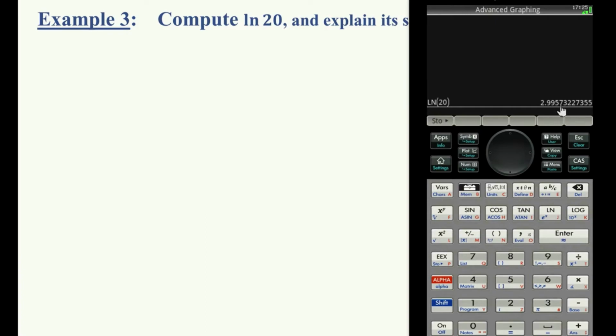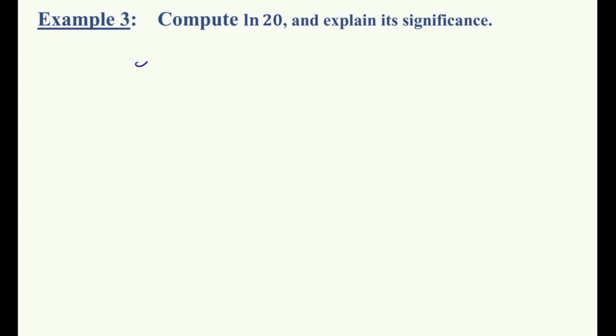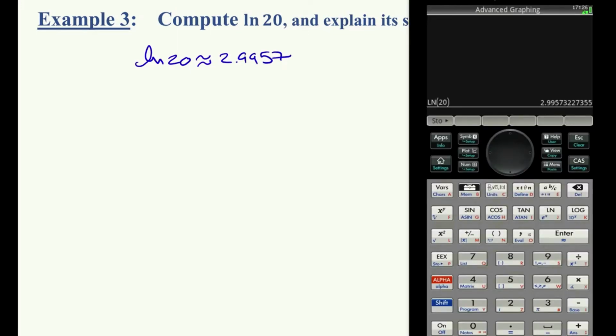If we go to 4 places again, that's approximately 2.9957. So we have ln of 20 is approximately 2.9957.